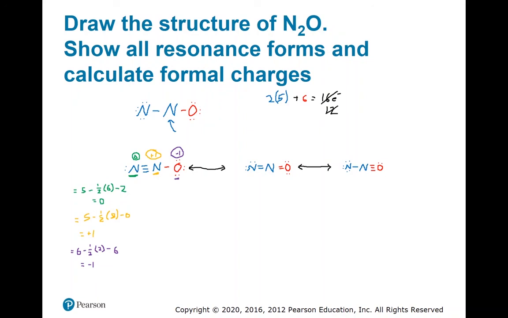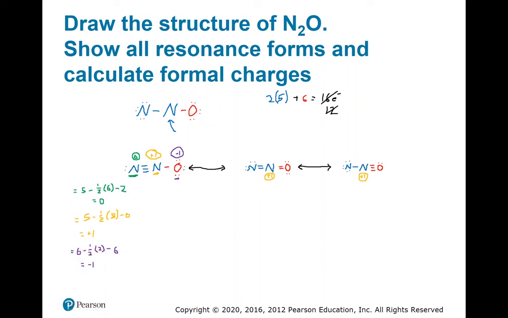Now, since I went through those calculations in detail, I'll just show you for the other examples what the formal charges should be for all the atoms. So in both examples, you're going to end up with +1 on the central nitrogen, because it always has 4 bonds and no lone pairs.